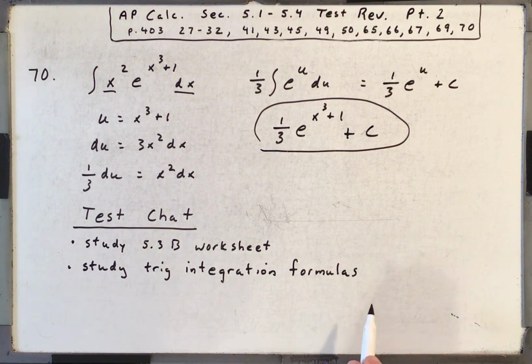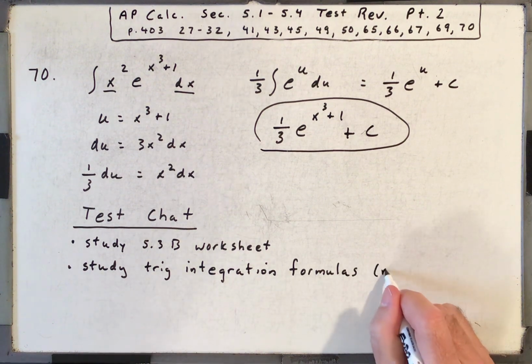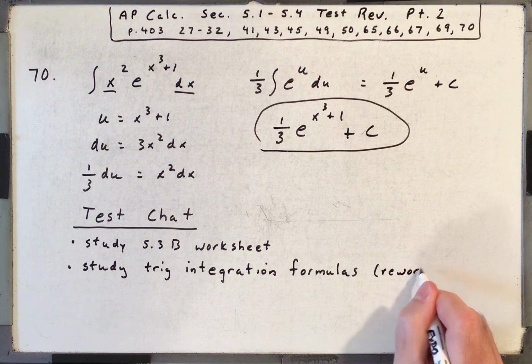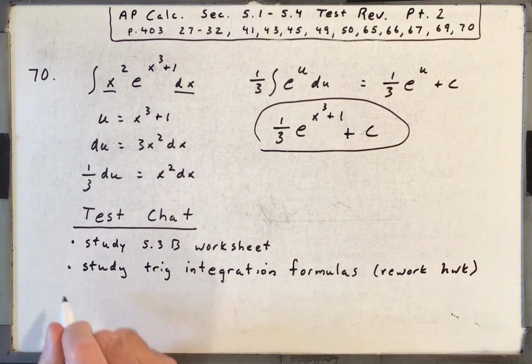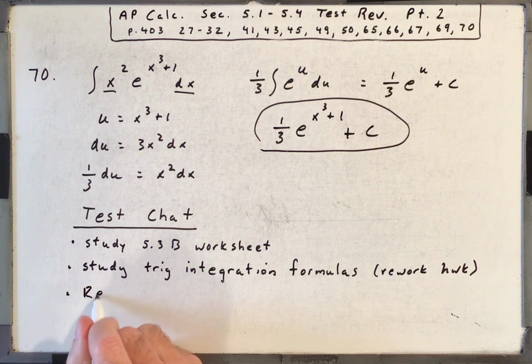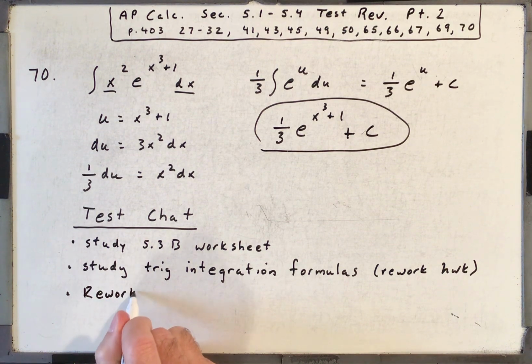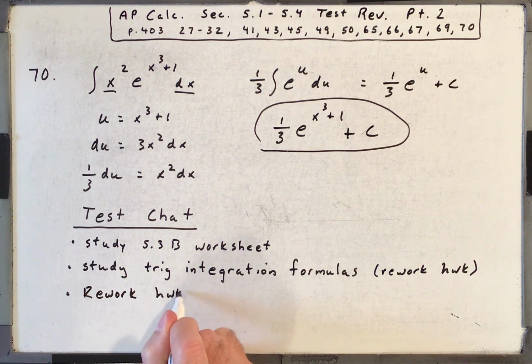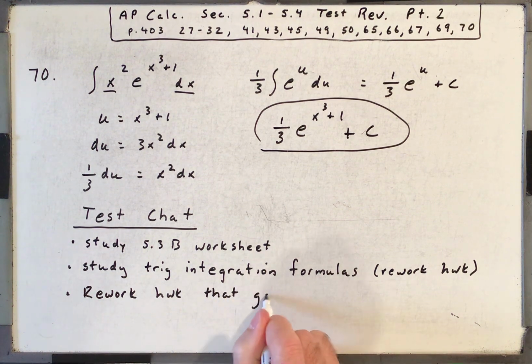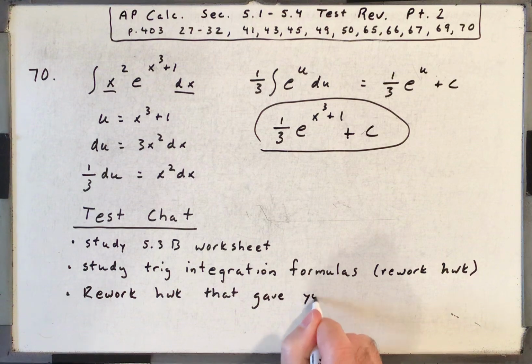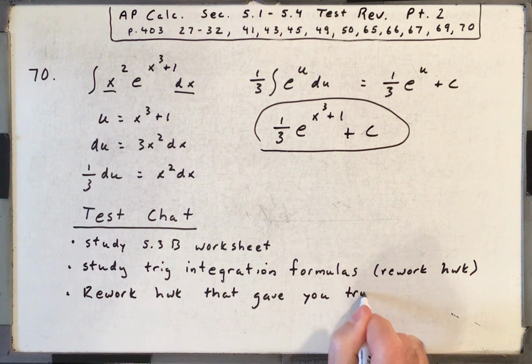All right, that's in section 5.1. So we didn't have any of those on the review, but you'll want to maybe rework some of that homework. I would rework any of the homework that gave you trouble, if you had trouble with any the first time.